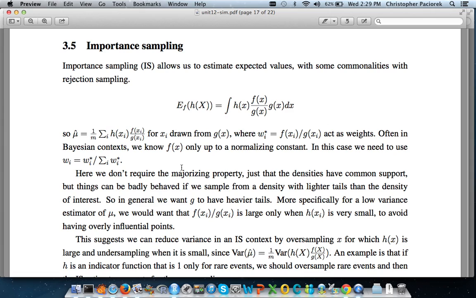My h function is an indicator function. It's just 1 for anything less than c, and then it drops down and it's 0 for anything bigger than c.